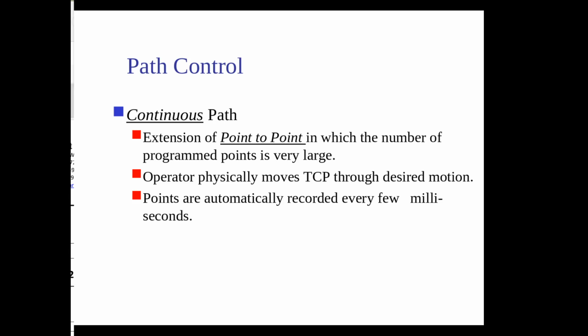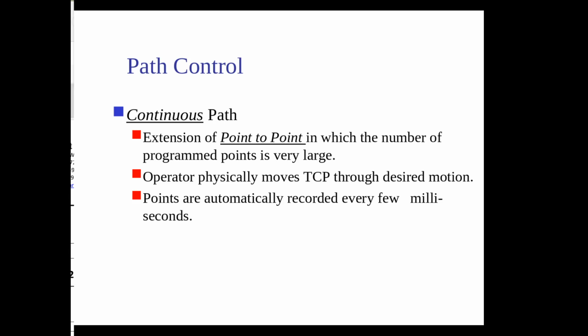Basically, if you think back in math class when you were drawing graphs, they probably mentioned that a line is essentially made up of a whole bunch of points. That's the idea of this continuous path: we want the robot to move in some particular line.